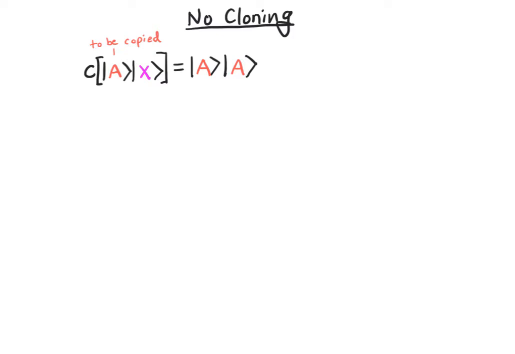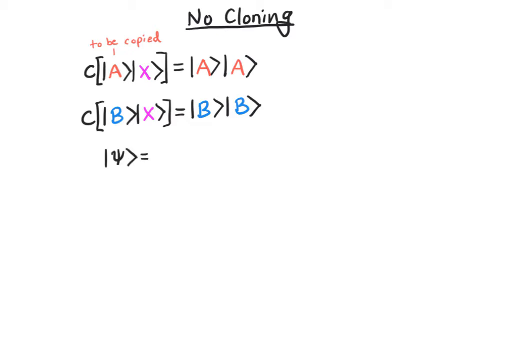But I want to ensure that our copy operator can do this for any state. So let's define another arbitrary state, B, and let's do the same process. Let's demand that applying our copy operation onto the state B with a template X gives us two systems both in the state B. But now let's repeat this for a third state, and let's make this third state out of A and B. Let's make this new state psi equal to a superposition of the state A with an amplitude lowercase a, and the state B with an amplitude lowercase b.